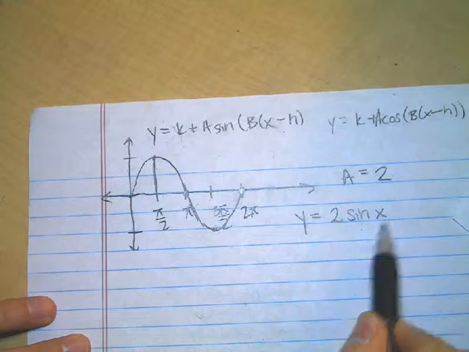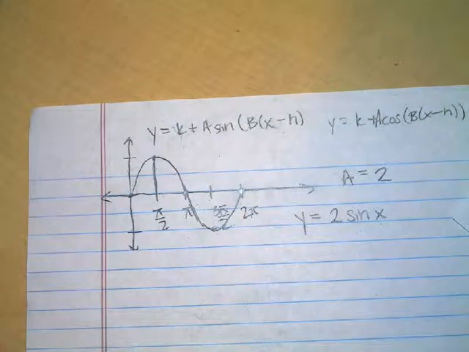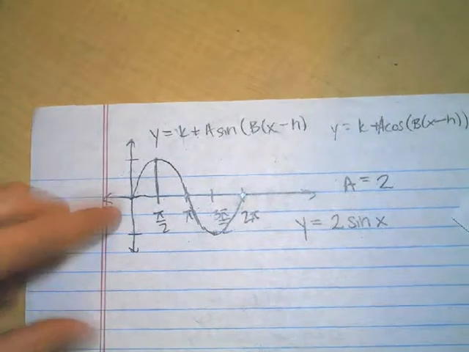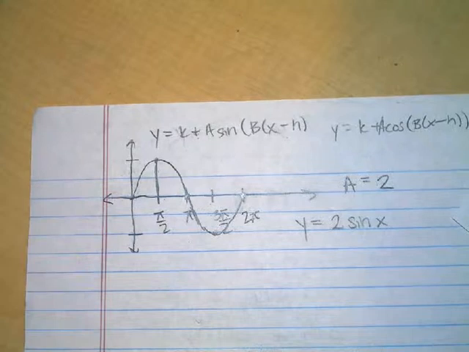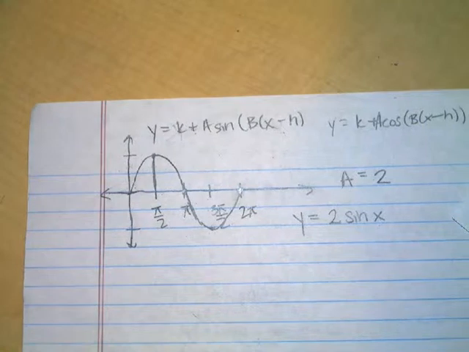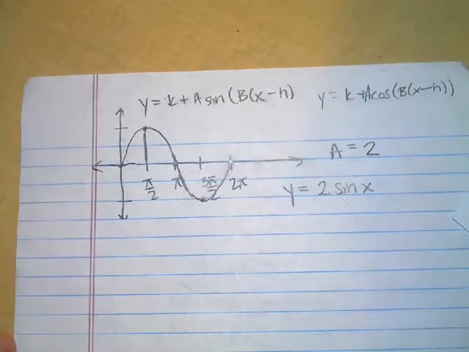So here where it says k plus, it's going to be 1 plus. This a was still 1, so we can leave it as just cosine. So we say 1 plus cosine, because it's moved up 1. These are the vertical aspects of the changes of the graph.